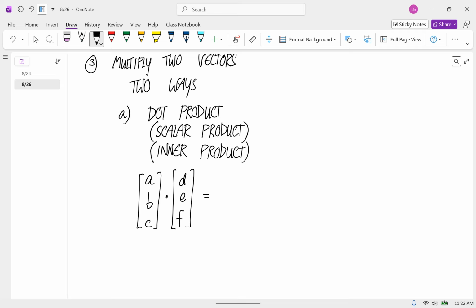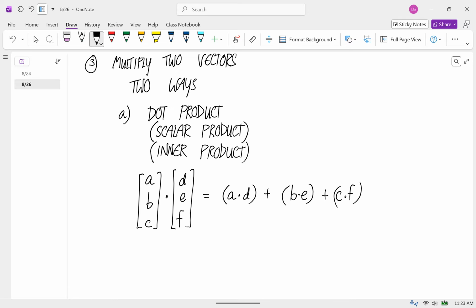And the answer is going to be A times D plus B times E plus C times F. And the reason that it's sometimes called a scalar product is because the output is a scalar, not a vector.